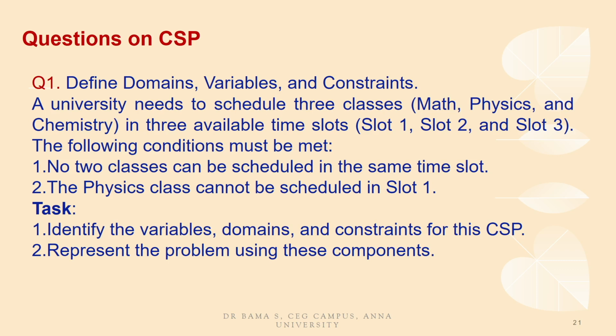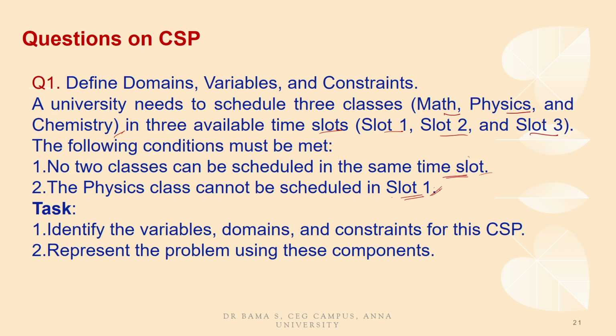A university needs to schedule 3 classes math, physics and chemistry in 3 available slots 1, 2 and 3. These are the conditions that must be met. There are 2 conditions. No 2 classes can be scheduled in the same time slot, just like any college slot you would be aware of. The physics class cannot be scheduled in slot 1. So, you can have some node consistency type of thing.